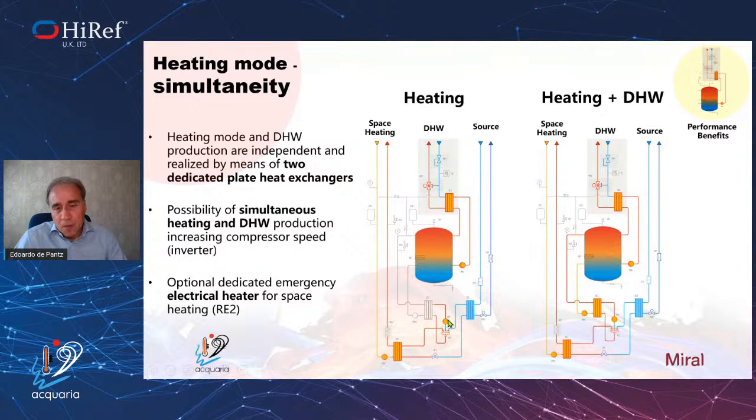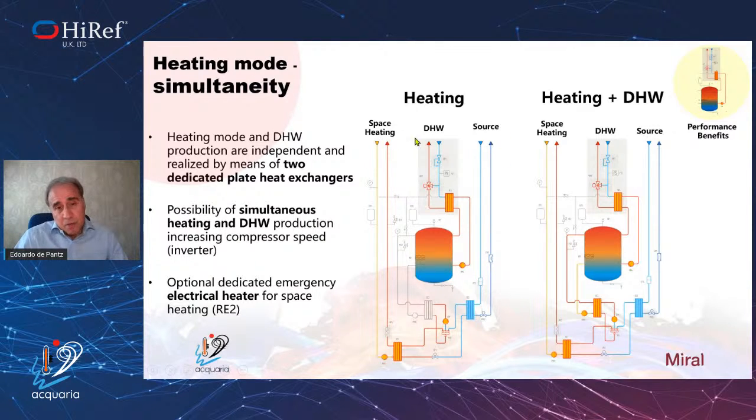The compressor sends hot gas through this heat exchanger, which is not activated because the pump is not working. So the hot gas goes through the four-way valve to this heat exchanger. There is a dedicated heat exchanger only for space heating. After the expansion valve, the gas evaporates on the loop side. So I'm returning some cool energy to the loop, let's say.